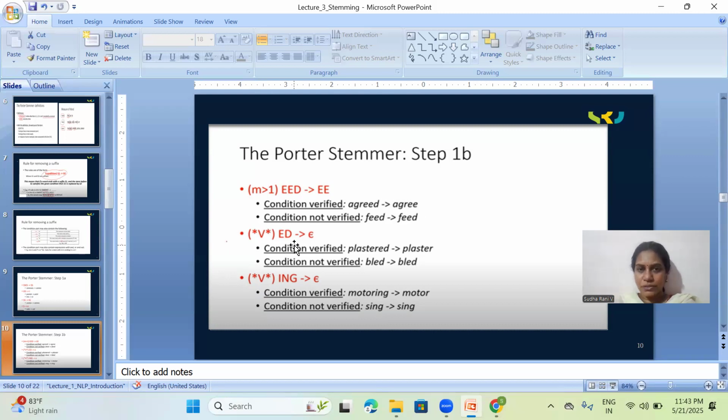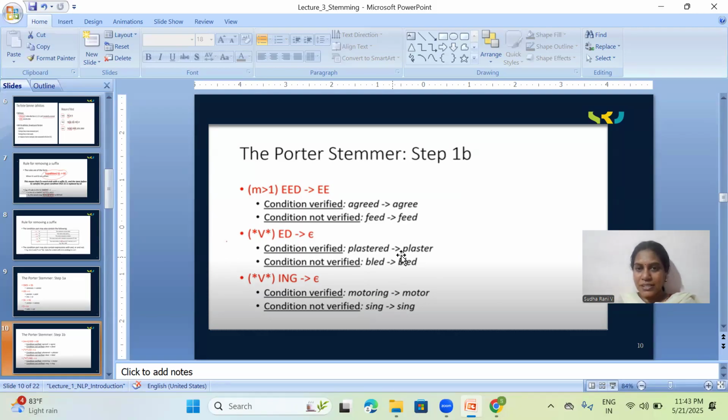Take the next scenario: ED tends to null. Plastered tends to plaster, meaning ED is replaced with null, not replaced with any value.